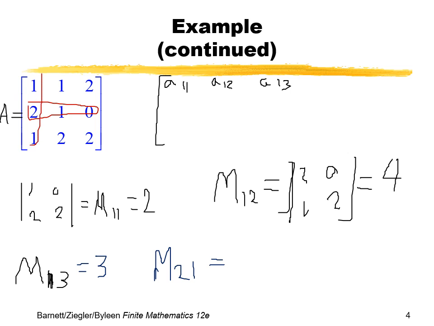So we get 1, 2, 2, 2, which will equal 2 minus 4, which equals minus 2.